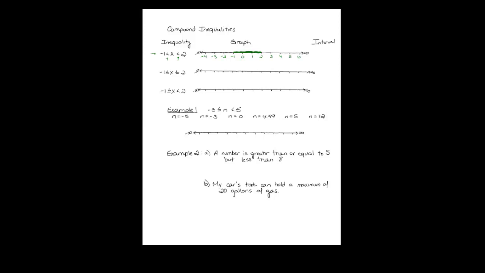So the notation that we use, if you are not including the endpoints, if the inequalities that you have are either strictly less than or strictly greater than, you're going to use parentheses. If you have less than or equal to, or greater than or equal to, you're going to use square brackets. So here we have strictly less than.